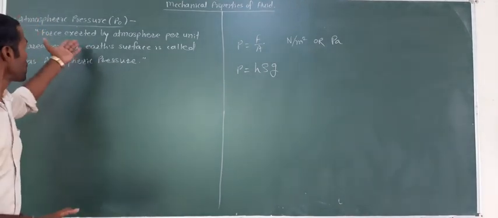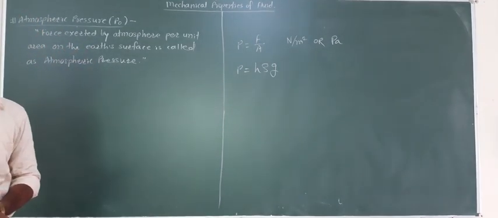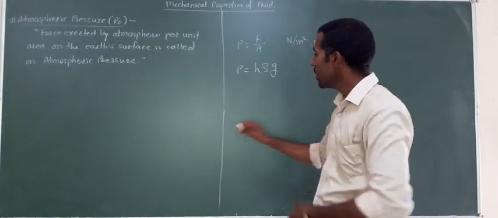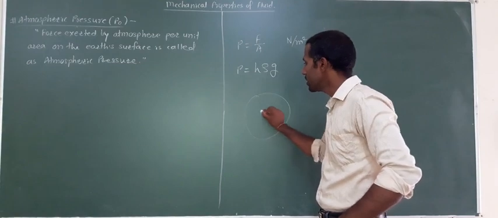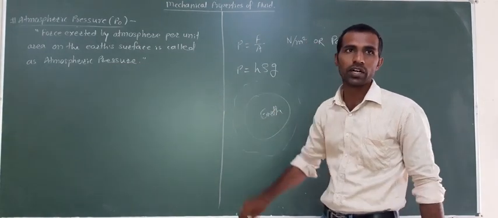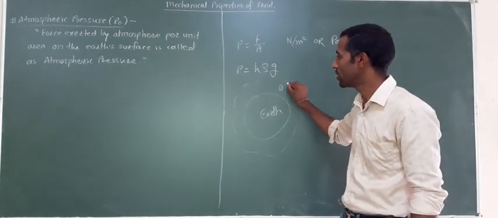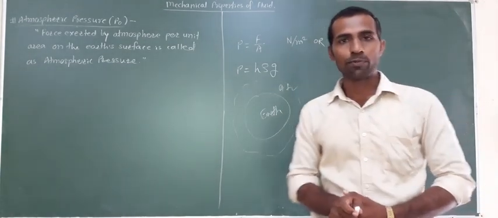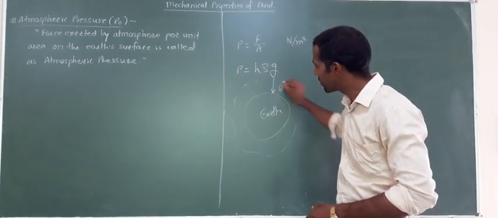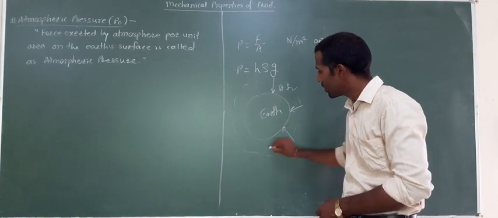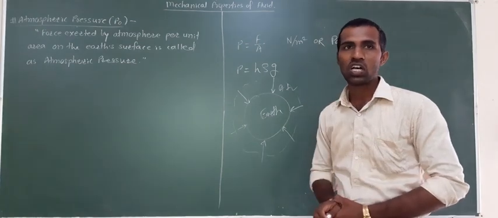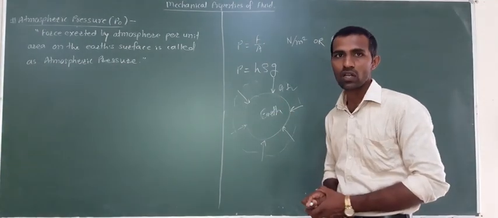Now we are going to see atmospheric pressure. So what is atmosphere? If we consider Earth, then the matter surrounding the Earth is said to be atmosphere. This atmosphere has certain mass, so it exerts a thrust, a perpendicular force on the Earth's surface.